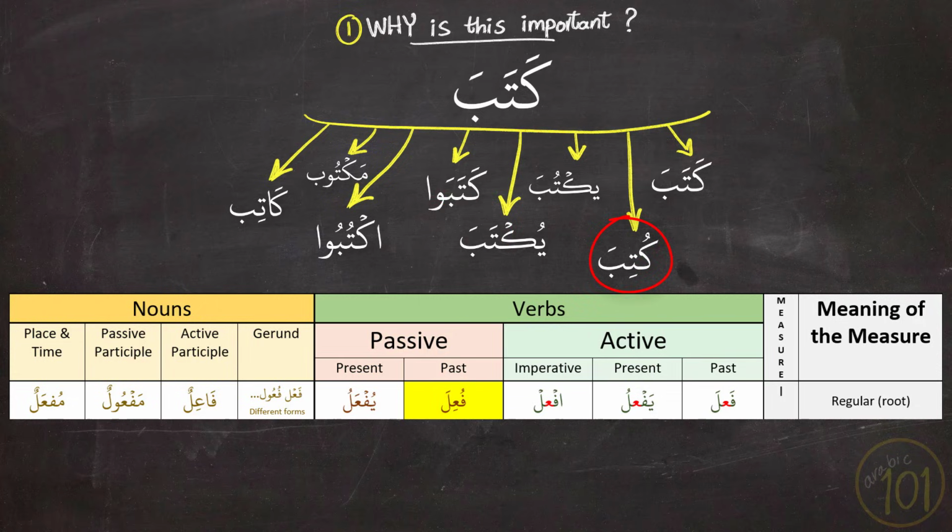Kutiba is the passive voice of the past, so it would mean was written, and so on. So in order to get an idea about the meaning of each of these words, it would be enough to know the meaning of the base form of the verb, and you'll be able to find your way through the rest of the words that are related to this root. And we'll learn more about how we can use this chart as we progress through this lesson.